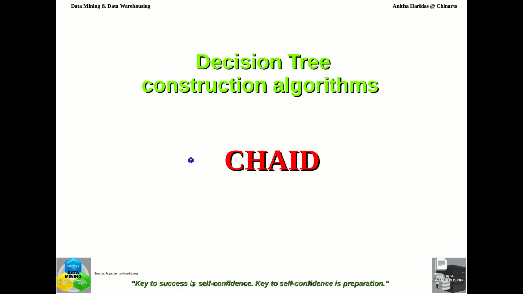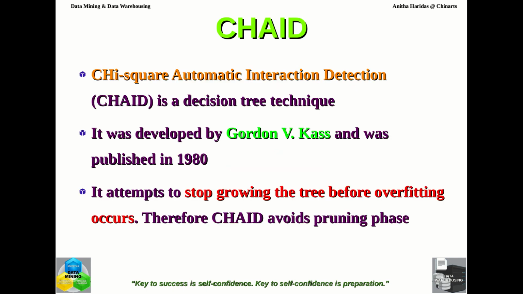Now the last decision tree construction algorithm is CHAID. CHAID is chi-square automatic interaction detection, and this is also a decision tree technique, which was developed by Gordon B. Kass and published in 1980.